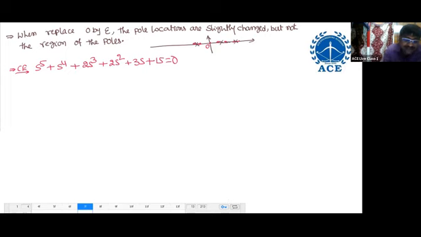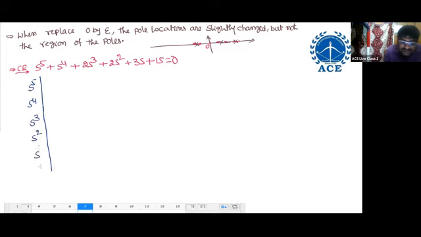Come on, solve this. S power 5, S power 4, S power 3, S square, S power 1, S power 0. All the students should solve. Only some students are telling the answer.